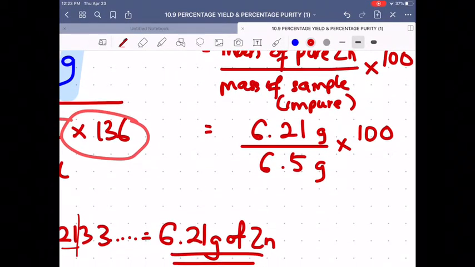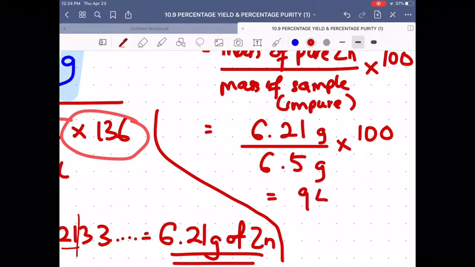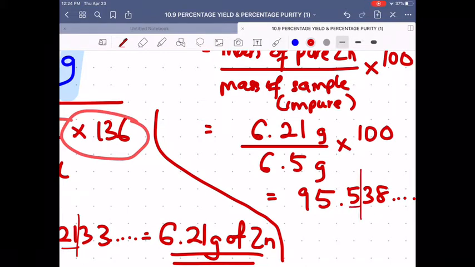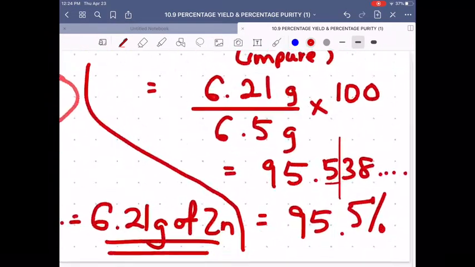Then you calculate 95.538, round off to 3 sig fig. Alright, okay, nothing to add. Lastly, our answer is 95.5%, 3 sig fig.